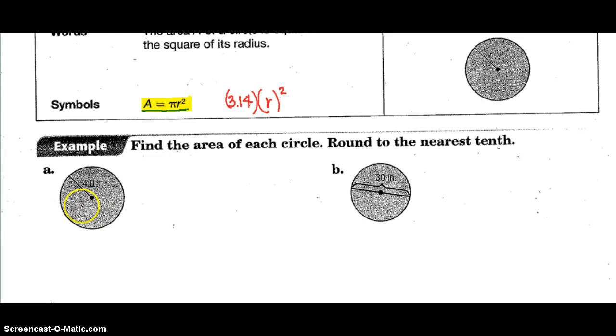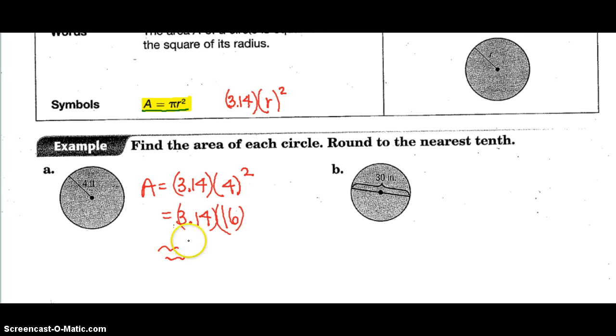So to find the area of our first example, area equals 3.14 approximately times 4 squared. So I'm actually in my calculator going to punch 3.14 times 16, which is 4 squared. So about 50.24, and it says to the nearest tenth.